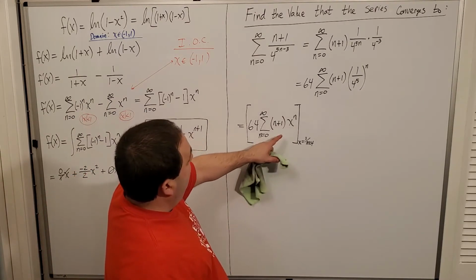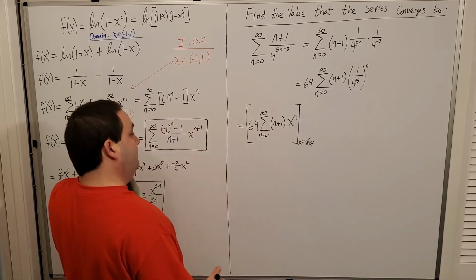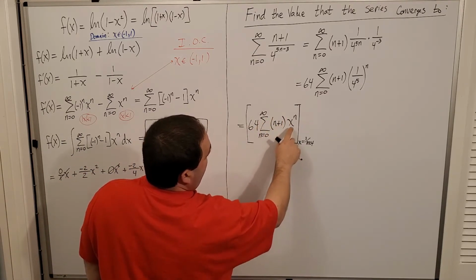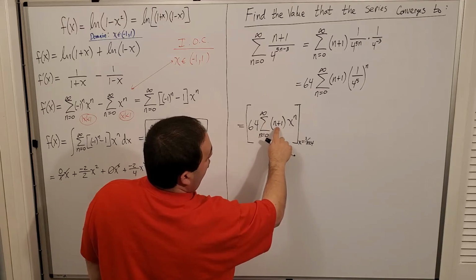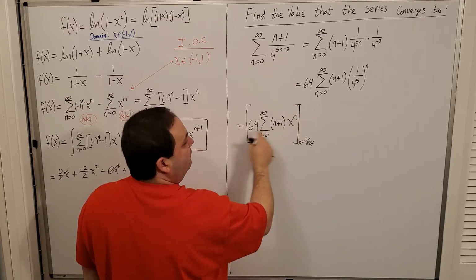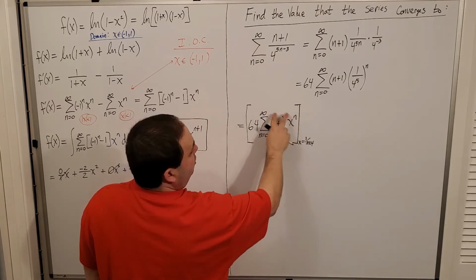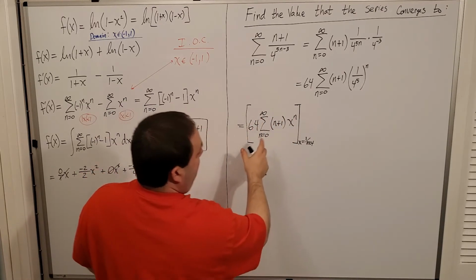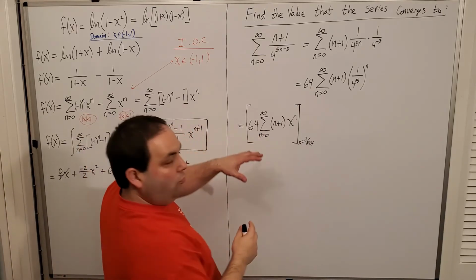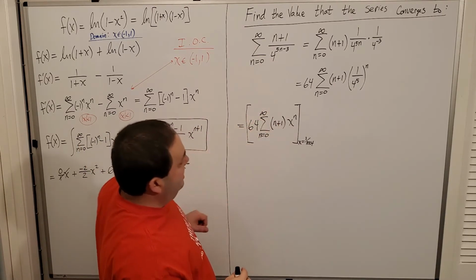But look really closely. If I were to integrate this, wouldn't the n plus 1 power be the next power up? And then I would have to divide by n plus 1. So think of it in reverse: I'm using the integral to understand what this is equal to.